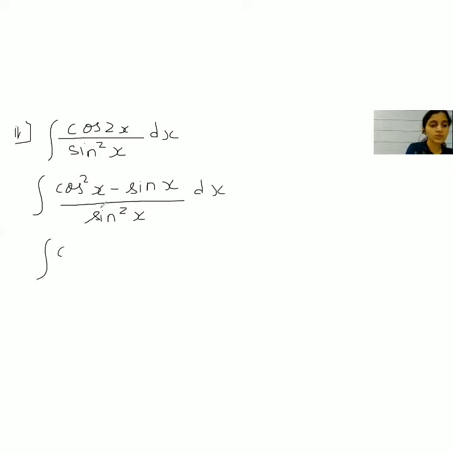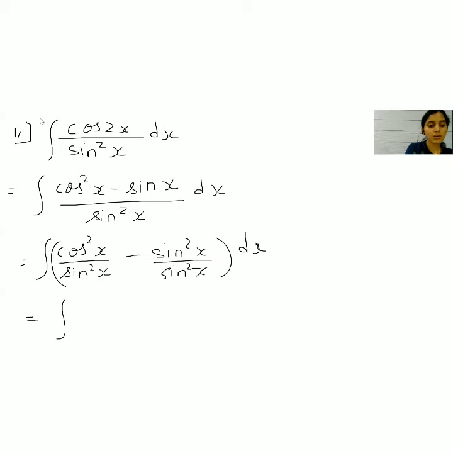So I'm going to get cos square x upon sine square x minus sine square x upon sine square x, just giving the denominator to each of the terms in the numerator, dx. So what do we get here? Integral of cos upon sine squared is cot square x, right?